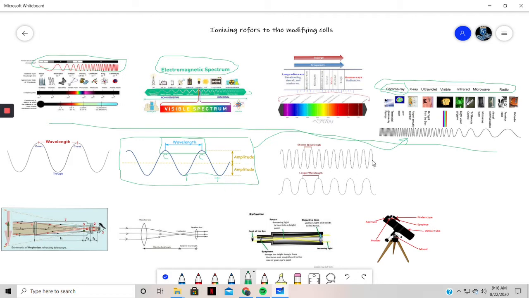So if we look at our two examples here, we're going to put the word more and, of course, I'm writing with my cursor, which looks like my penmanship is bad, less, and then we'll just put a big E out here, and the E represents energy. So shorter wavelength has more energy, longer wavelength has less energy.